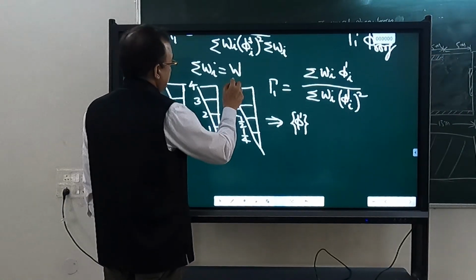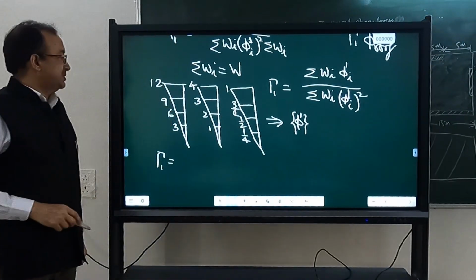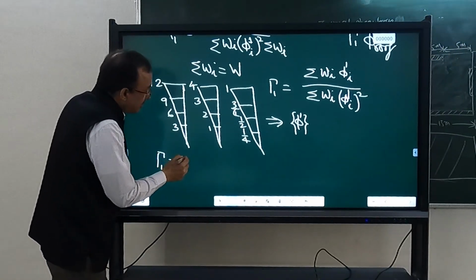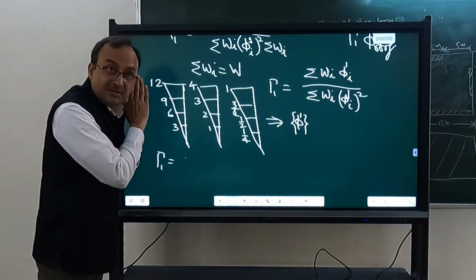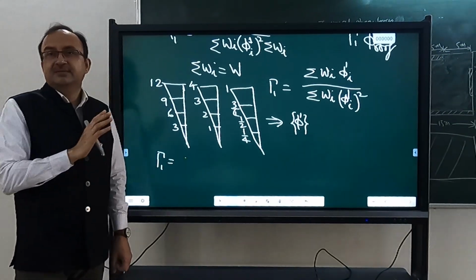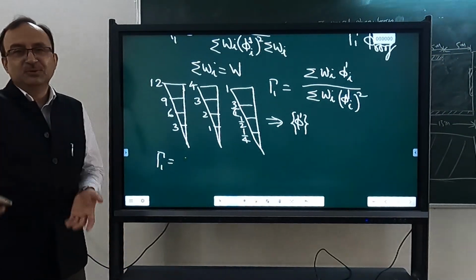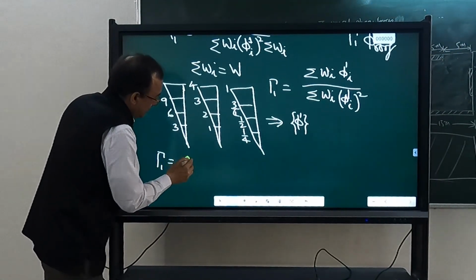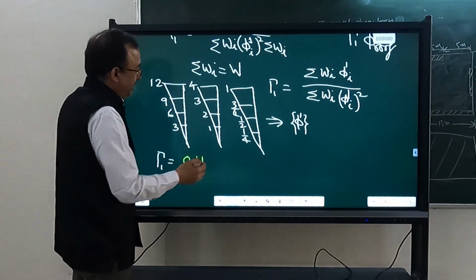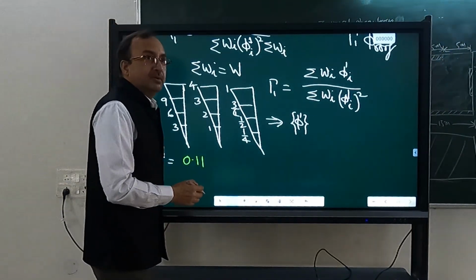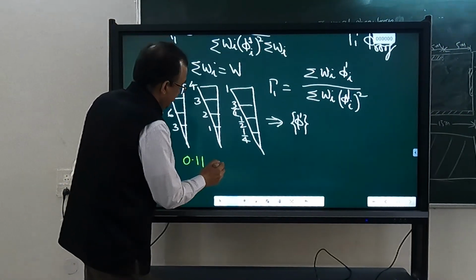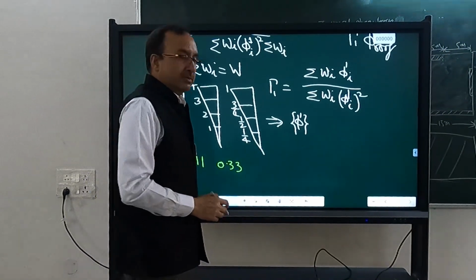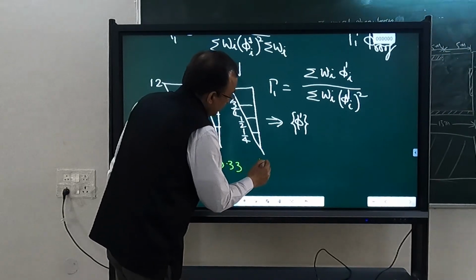So how much is gamma 1? 0.11. Could one person say it clearly? 0.11. Second? 1.33. 0.33 or 1/3. And this one? 1.33.